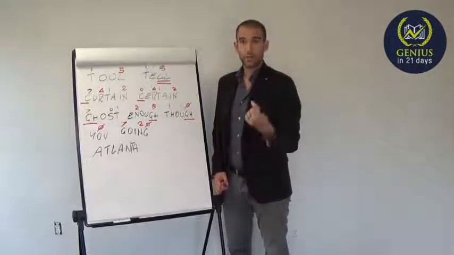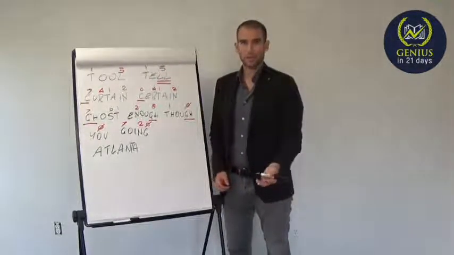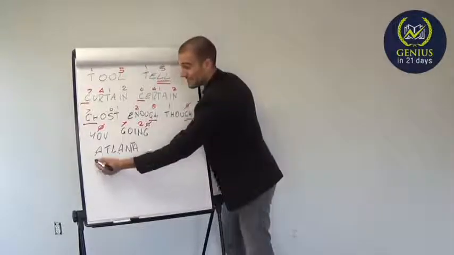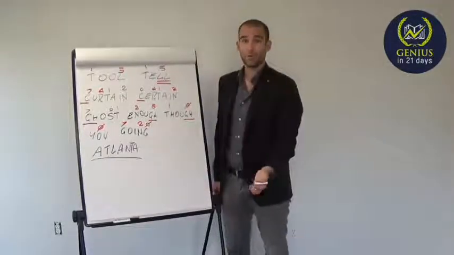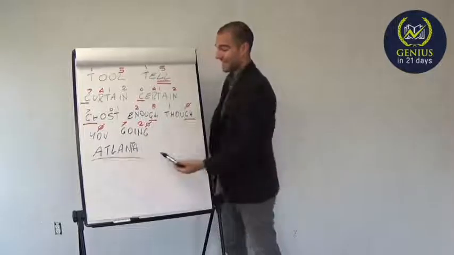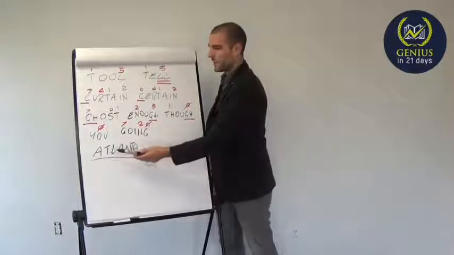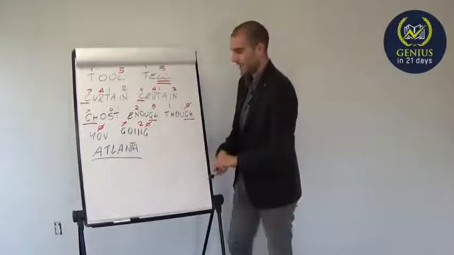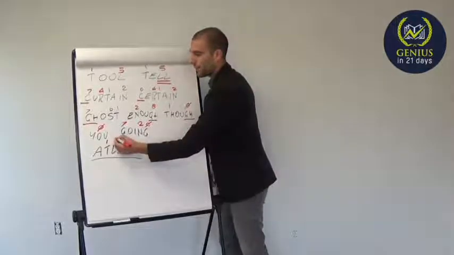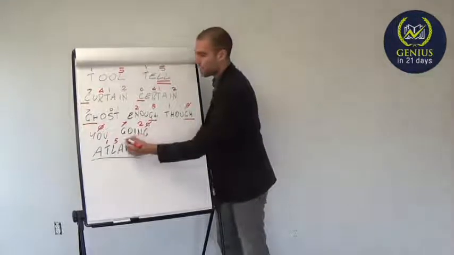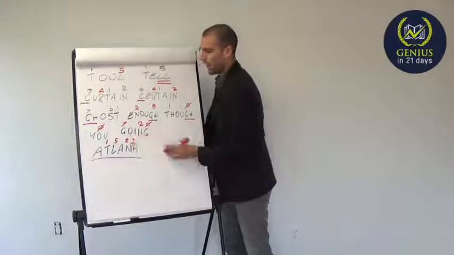Same story for the words that you pronounce in a different way because of your accent, like the name of this city. Some people pronounce this city like Atlanta. So in that case, you have T, L, N, T. And the translation is T number 1, L number 5, N number 2, T number 1.